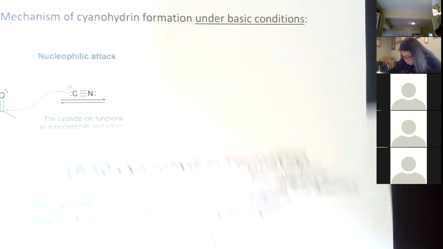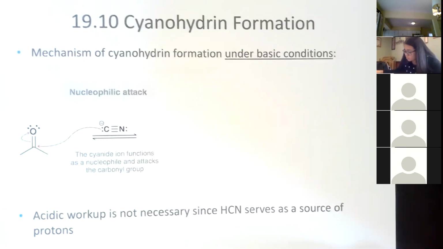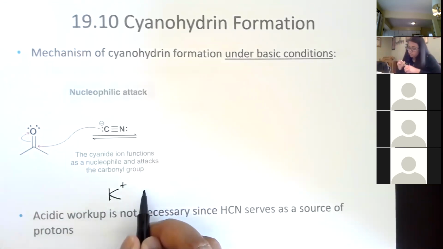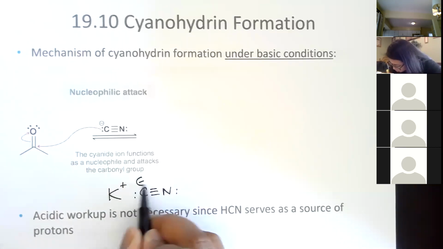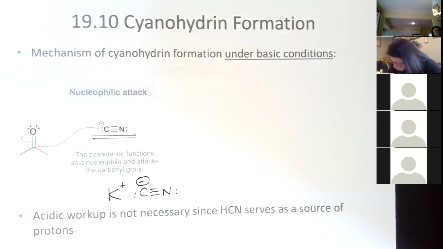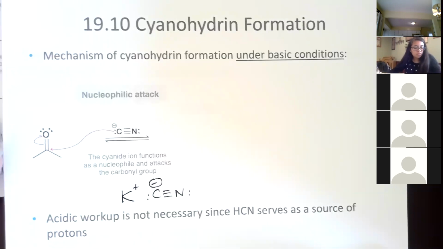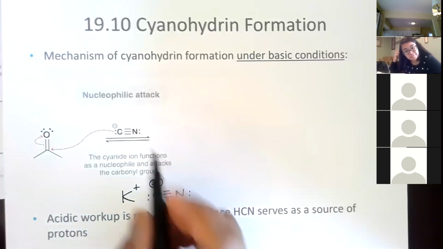And what is the base? A small amount of potassium cyanide. I wouldn't want to do this experiment in the lab. Or sodium cyanide. Okay. So this is the catalyst.